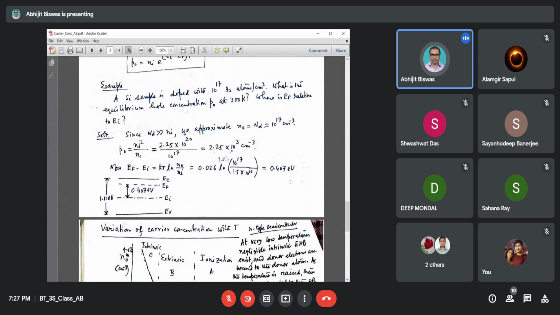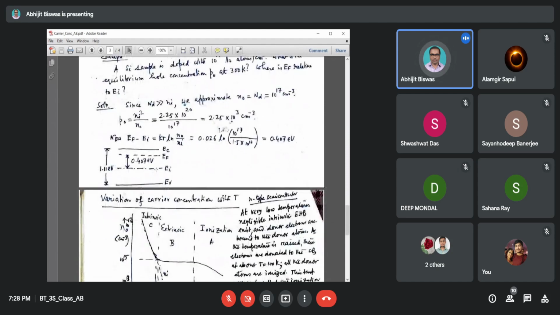See the difference. The electron concentration is on the order of 10 to the power 17, and the minority hole concentration is on the order of 3 only. So there is a difference on the order of 14. Therefore, we neglect this minority carrier concentration many times. This contribution is very less.